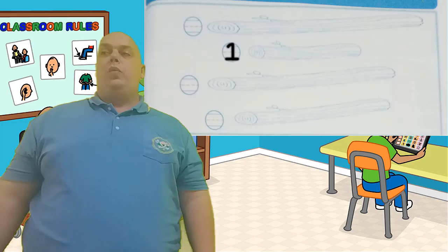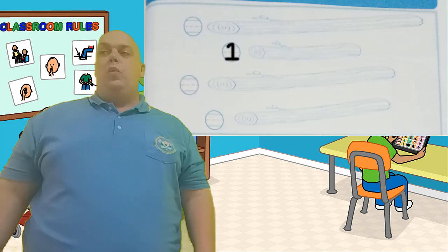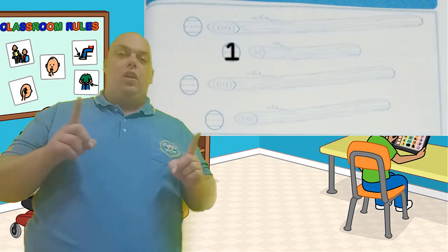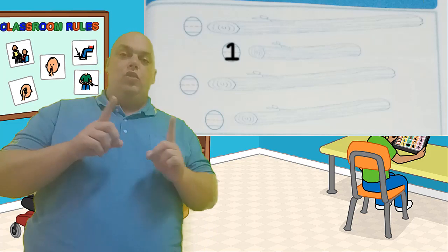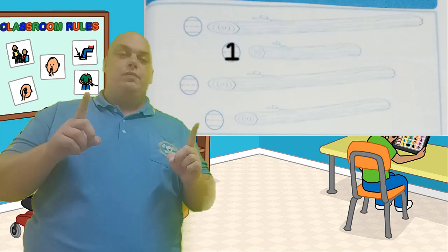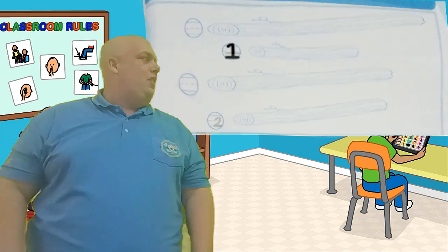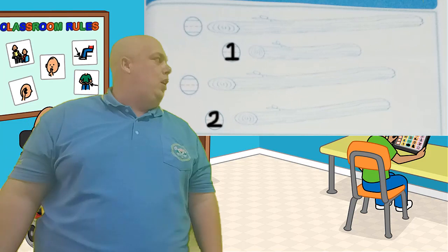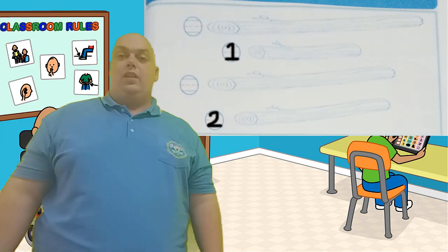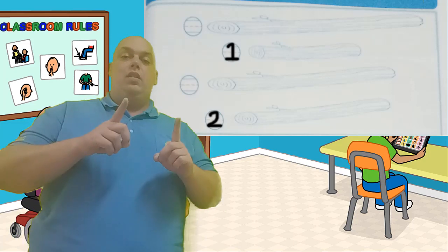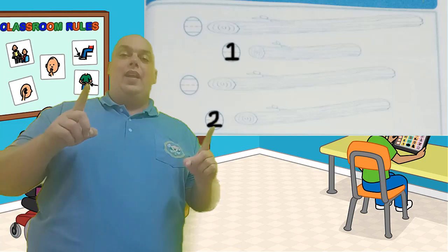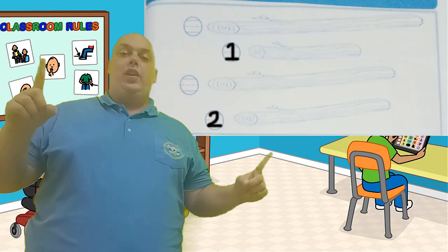Now, which one should we do for number 2? Which one is just a little bit longer than the short one? So 1, 2. Which one? Yes, that one over there. So let's write number 2 in front of that log over there. So we did 1, we did 2. Now we have to find number 3.